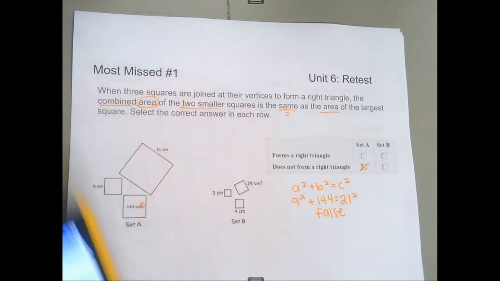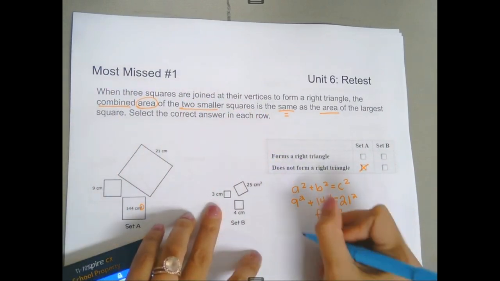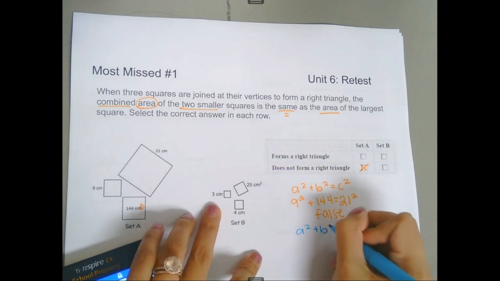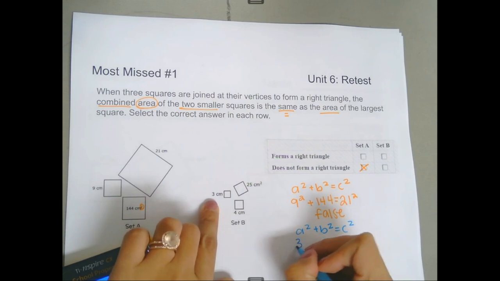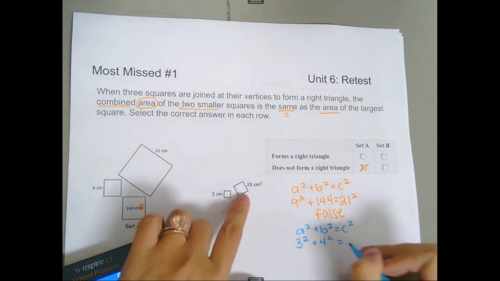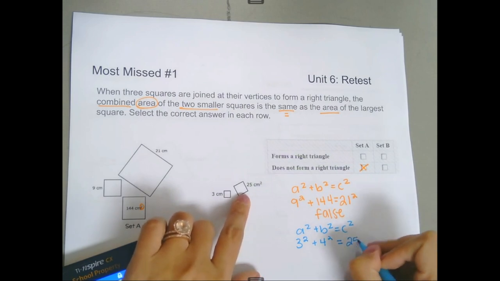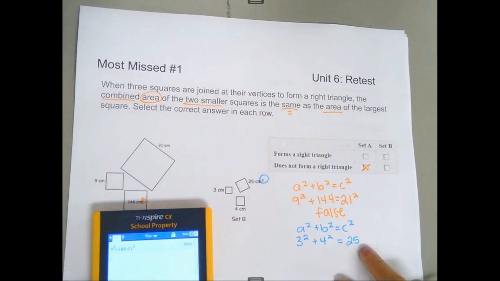Okay, so I'm going to do the same thing, but I'm going to look at set B. So a squared plus b squared equals c squared. 3 is going to be my a squared. Plus 4, that's going to be my b squared, equals 25. But again, it already has the squared on it, so I'm not going to add the squared there.